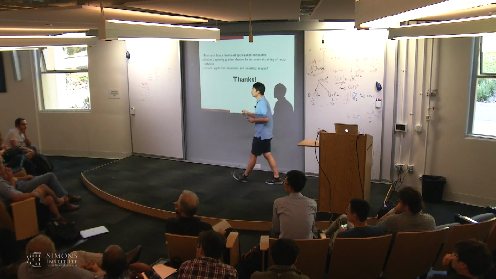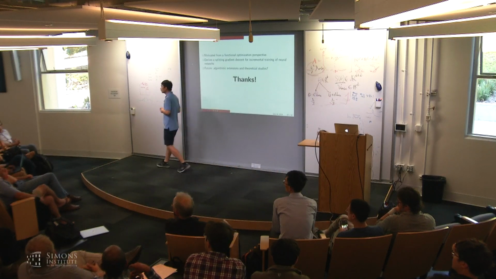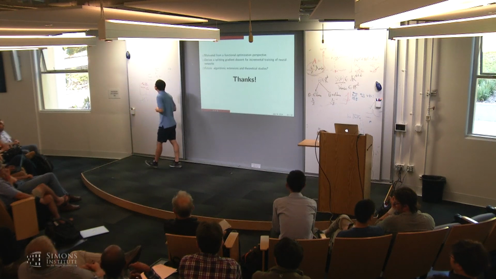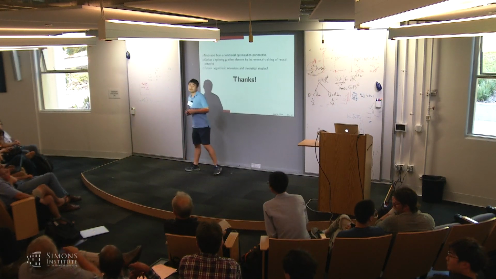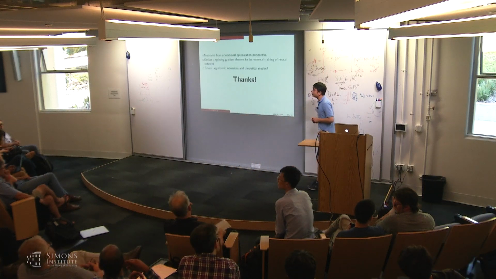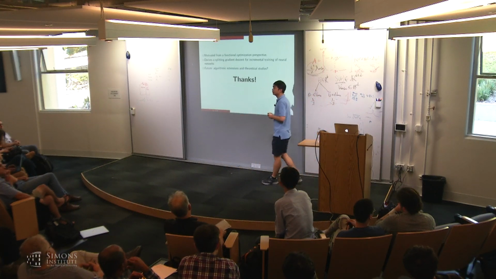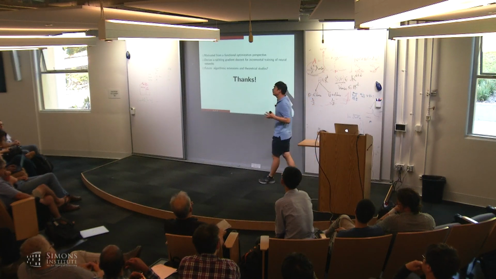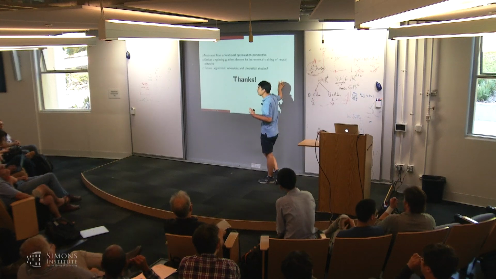How sensitive is your final architecture to your initialization? Can you repeat the question? How sensitive is the final architecture with respect to the initialization? I don't really know. I think we should study that, because often we just do one run, because for this kind of deep learning experiment, it's fairly expensive.